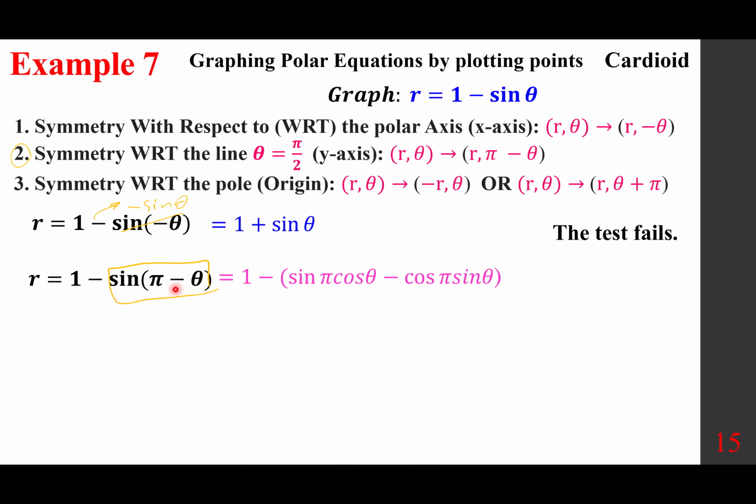As you know, sine of pi is 0, cosine of pi is -1. Negative times negative makes it plus sine theta. With this negative, it stays negative. So these two are identical. Then the graph must be symmetric with respect to the line theta equals pi over 2. So this is identical to this.